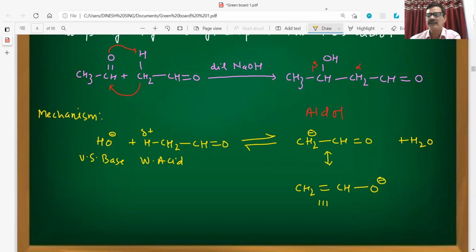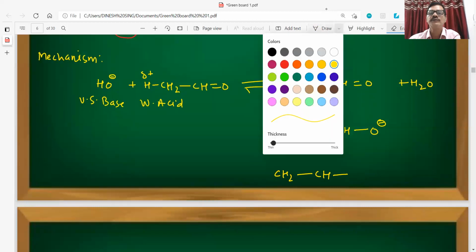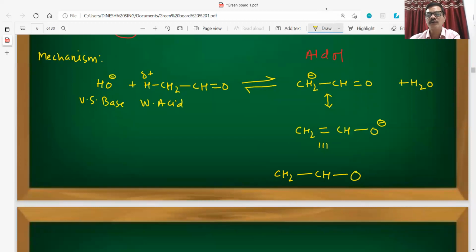The hybrid structure has partial double bond character with an overall negative charge. This hybrid structure is called the enolate ion.